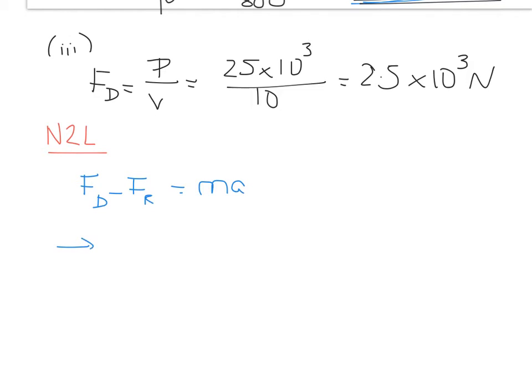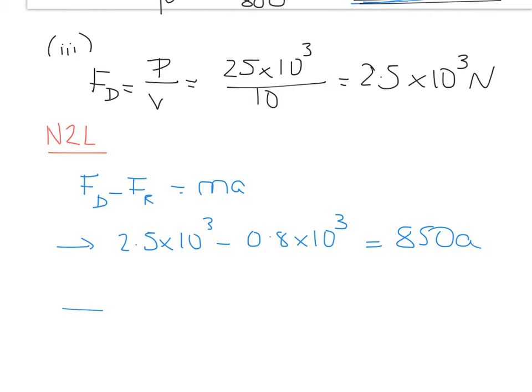That means driving force minus resistive force is equal to mass times acceleration. We put all those numbers in, and we end up with a equals 2 meters per second squared. We end up with a nice number, which is always a nice clue we've done it right.